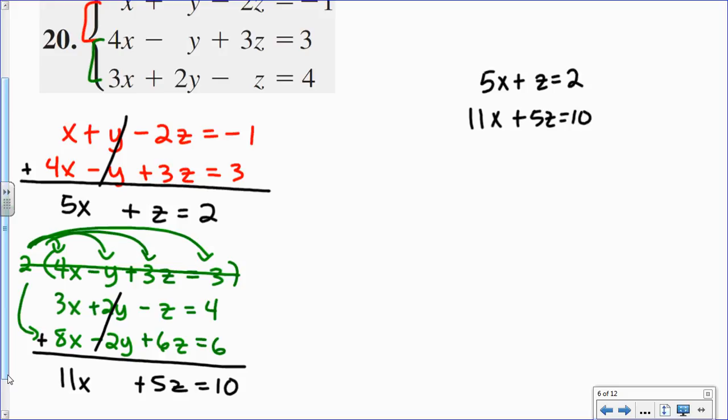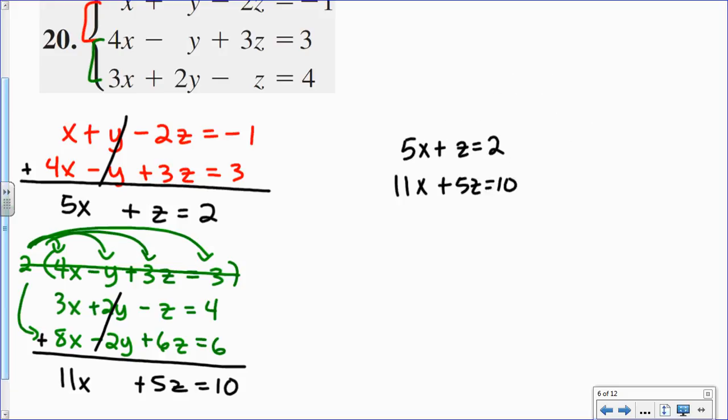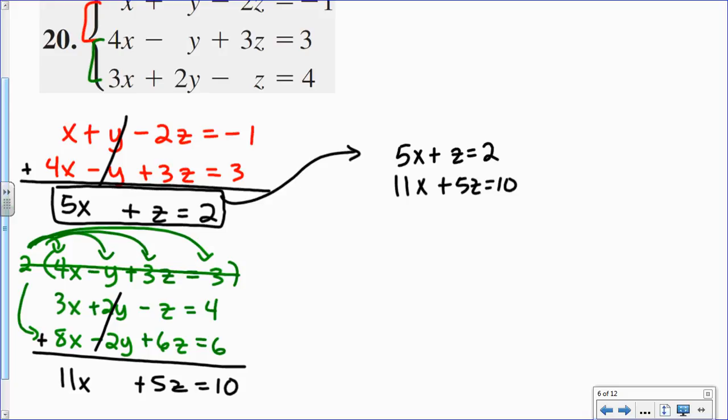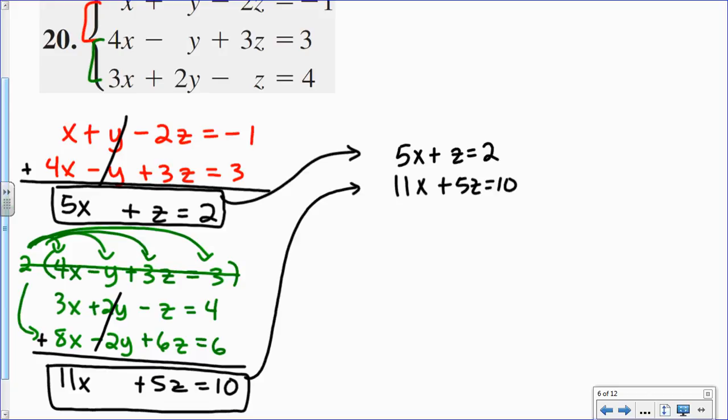Okay. So let me note, make sure you keep your notes organized, okay, so where these have come from. Okay, 2 equations, 2 variables. You can do normal elimination.